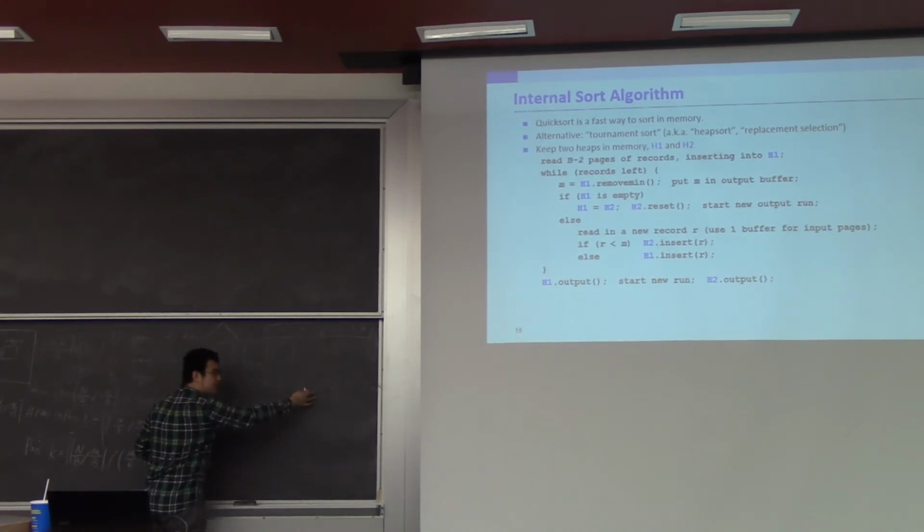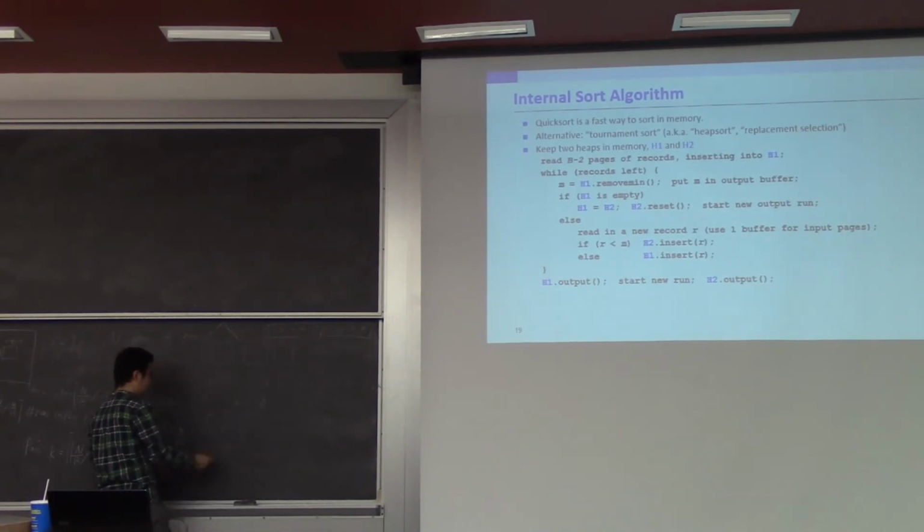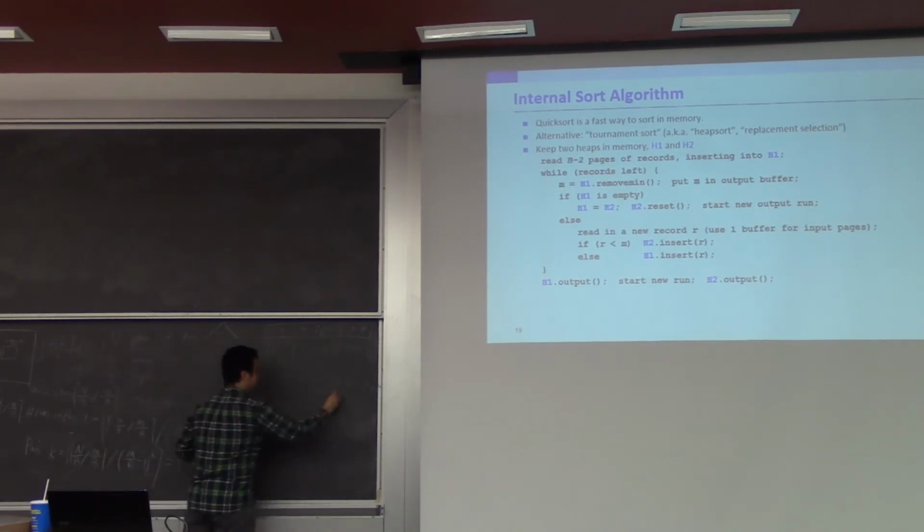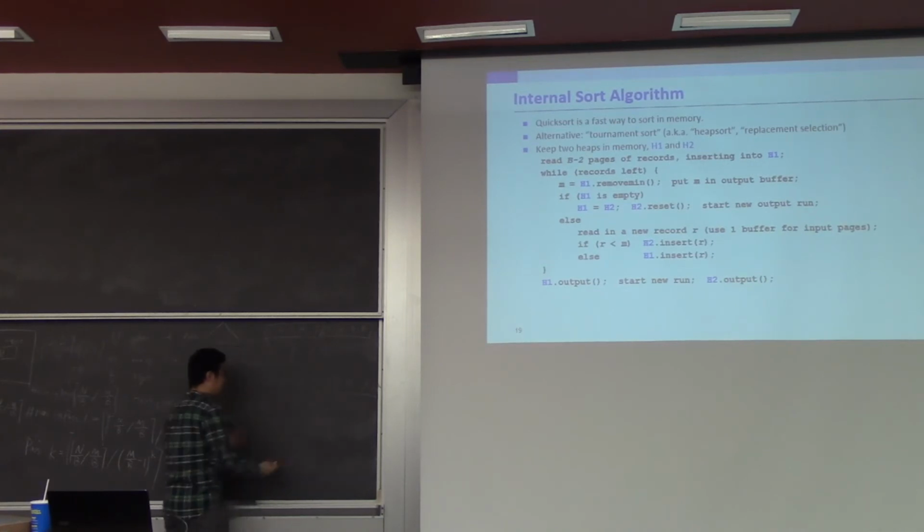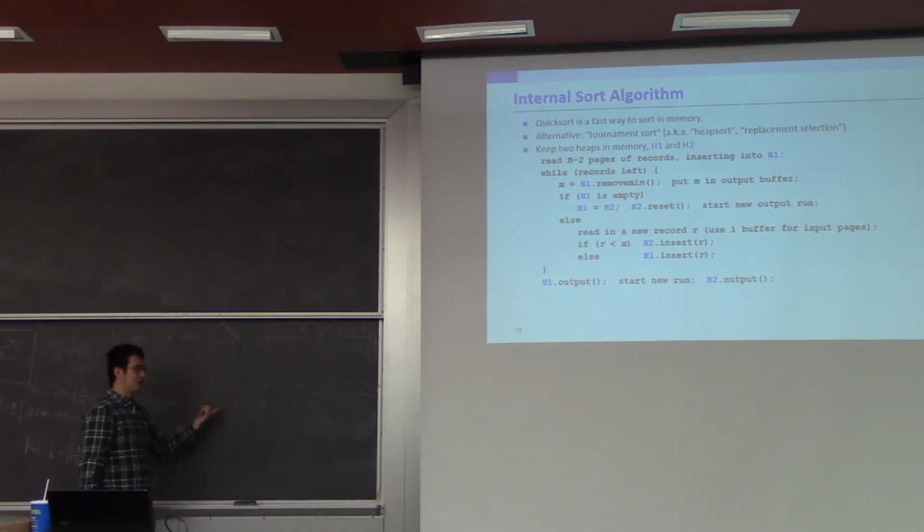And I have a 5 here, so I cannot output that here in the same run. But if I can somehow remember this 5 somewhere else, like put it into the next run, and I continue with the sequence 7, 8, 9, 10, that will actually give me a larger run, right?